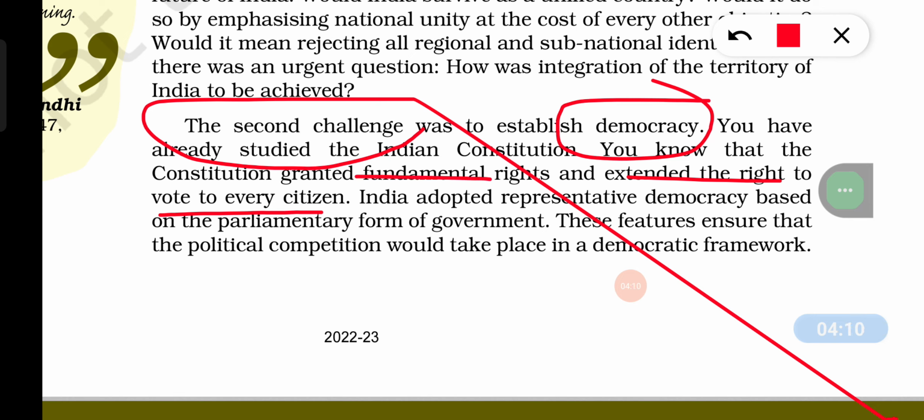It means the constitution provides citizens the fundamental rights, and they can elect their representatives. So the second challenge was also fulfilled, and all governments would be made by the chosen government of the people.